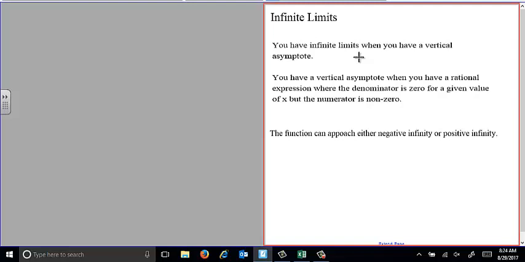And basically all we're doing in this case is we want to figure out whether the function is going to positive infinity or negative infinity. That's the whole concept here. We don't care how fast it goes to positive infinity. We just want to know whether it's going to positive or negative infinity. So it's really just a matter of looking at signs of various parts of rational functions.